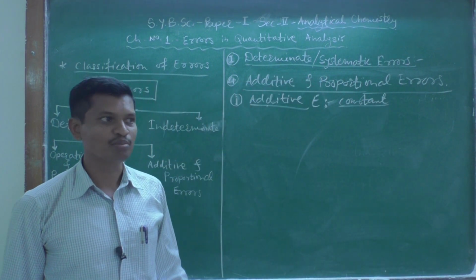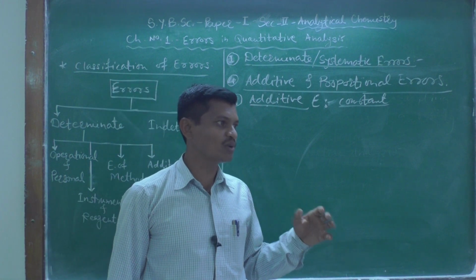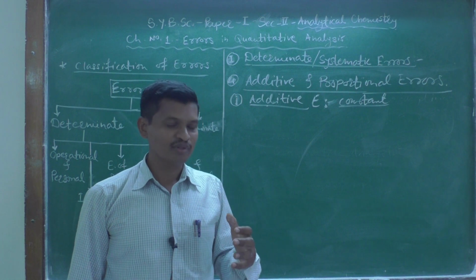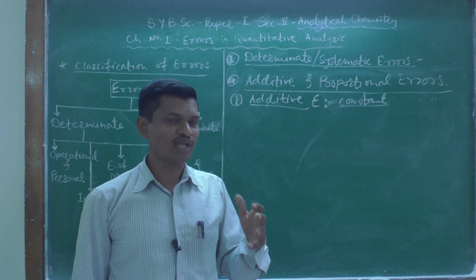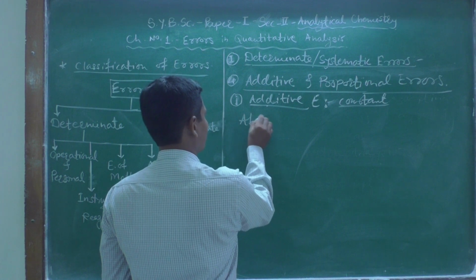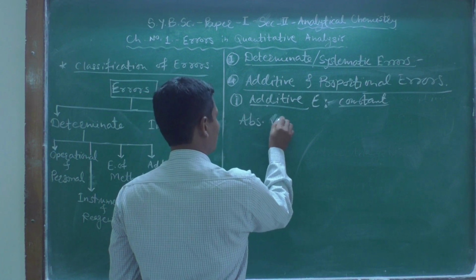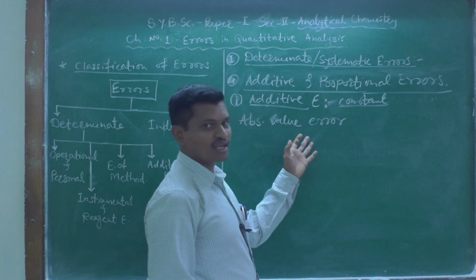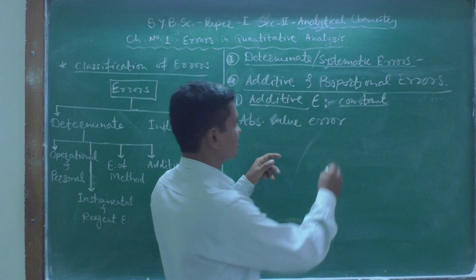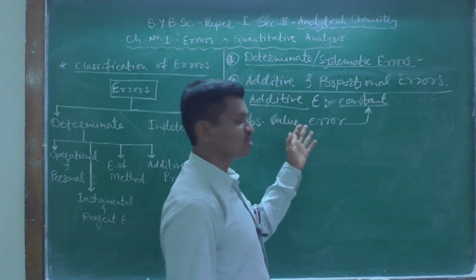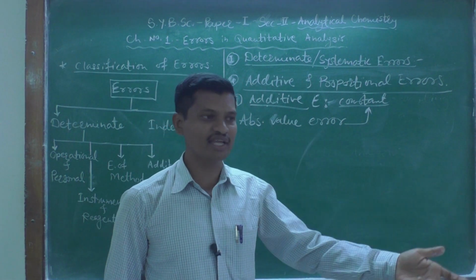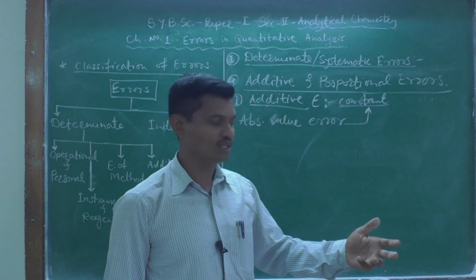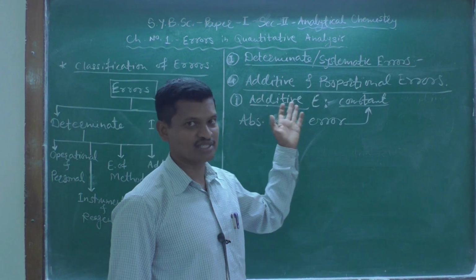Why constant errors? In a particular analysis the error is occurring, and if the absolute value of that error is constant in each reading, in each observation, then such errors are called additive errors.